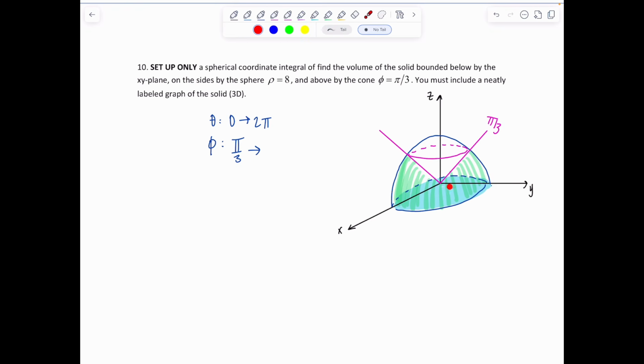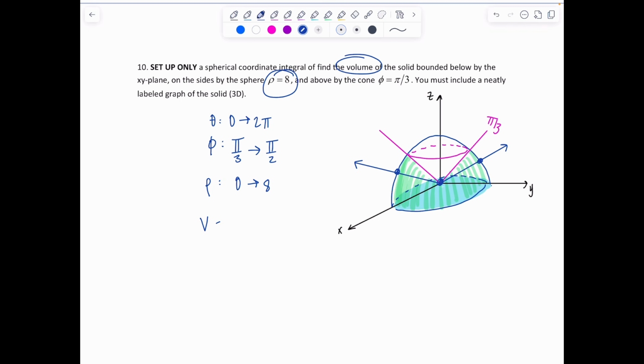It stops. Where are we? Pi over 2. We're at phi equals pi over 2. And then rho. Rho goes from the origin out to the sphere. Who's the sphere? Rho equals 8. So 0 to 8.